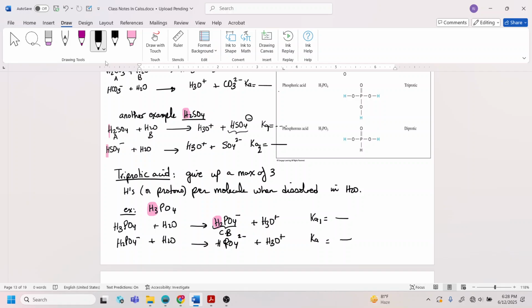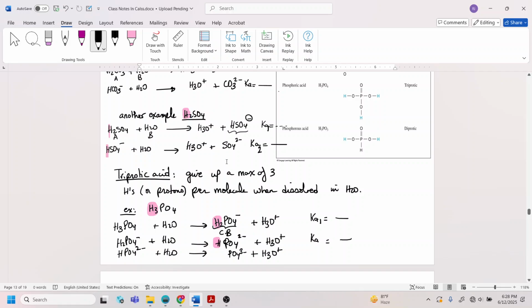And then as long as the conjugate base still has a hydrogen, then it's going to undergo a third dissociation. This one's going to be 2 minus. Okay, and you're going to react this with water. Then you're going to end up having a PO4 3 minus plus H3O plus.